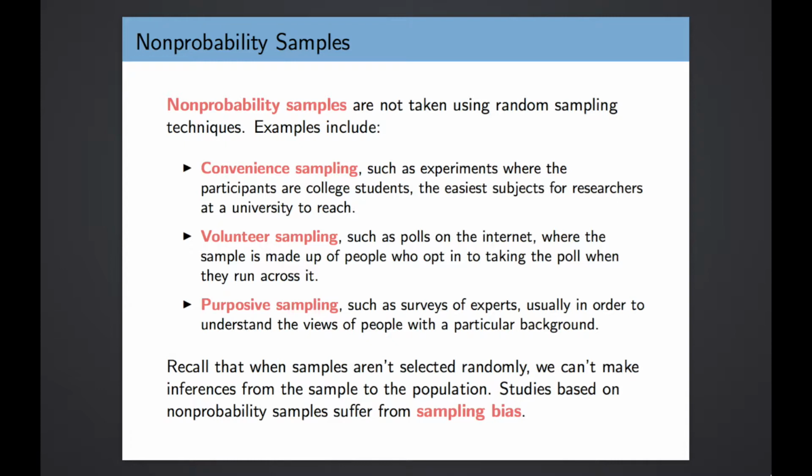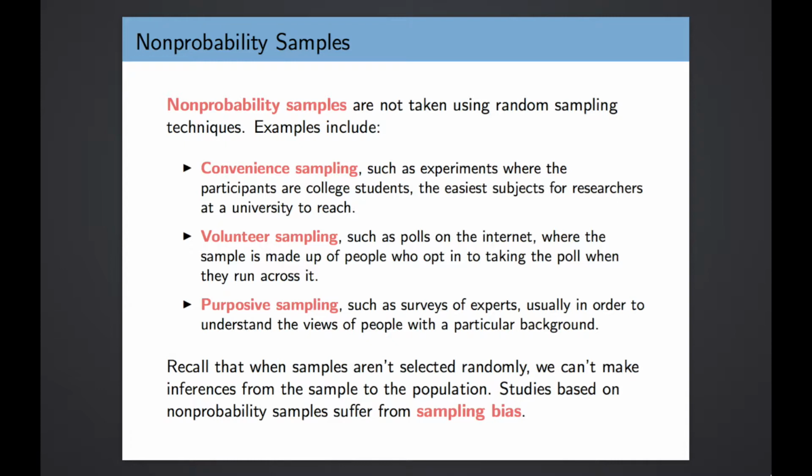Another type of non-probability sample is a volunteer sample. Examples of this include a poll on the internet, where the people who take the poll are just the people who run across it in the course of their web browsing or are sent it via email or something, and these are people who just opt in to taking the poll when they run across it. And another example of a non-probability sample, a non-random sample, is a purposive sample, where the researcher doesn't make an effort to draw a random sample.